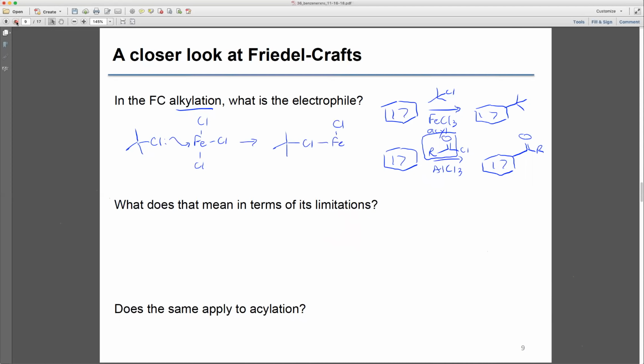So we have this type of intermediate that ultimately generates this ion pair with the carbocation and the FeCl4 minus, right? So the carbocation is the electrophile. What does this mean about the limitations of Friedel-Crafts alkylation?